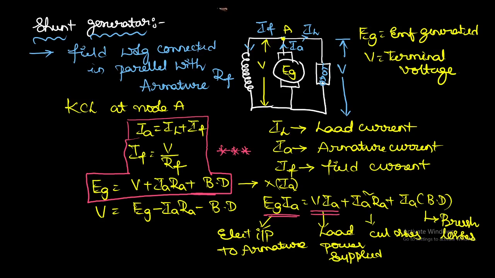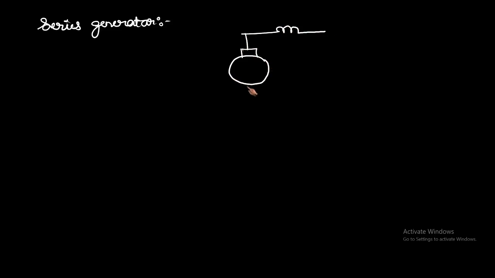Right. Next we will see another type of generator, that is the series generator. In the case of a series generator, if the field winding is connected in series with the armature like this, that type of DC generator we can call a DC series generator.